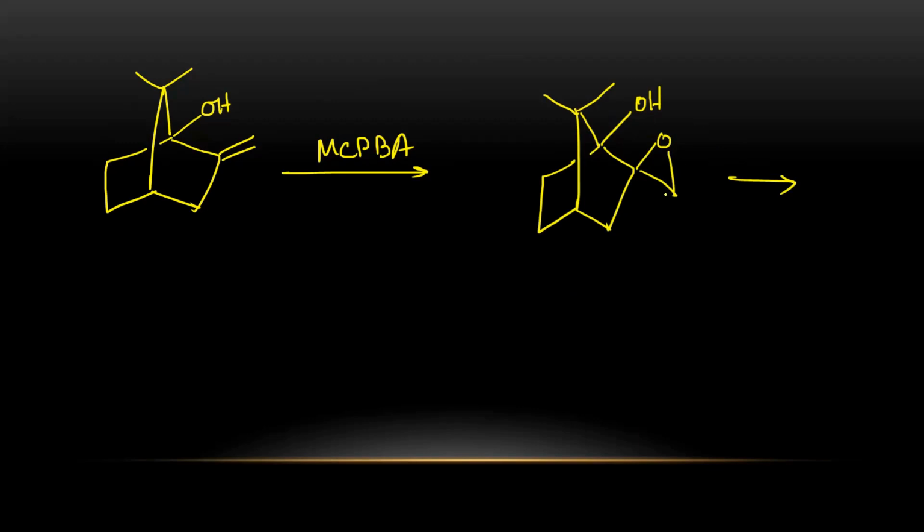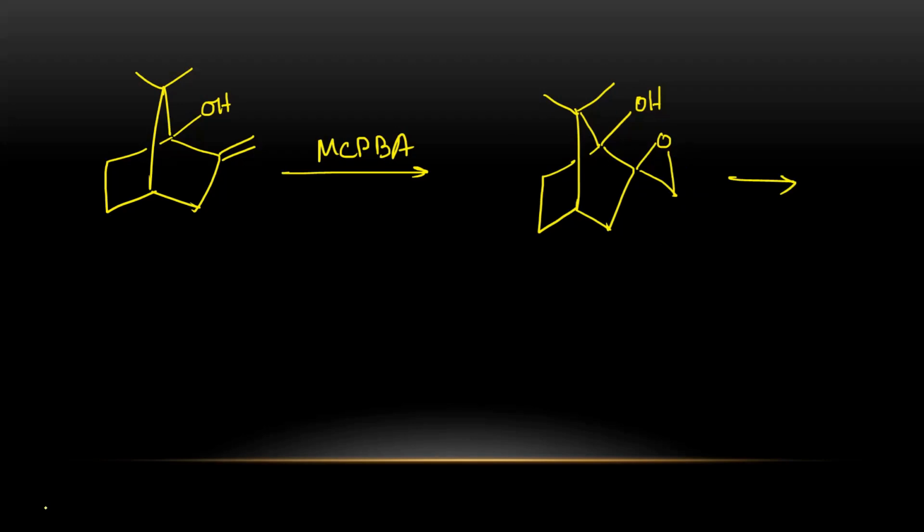It is the exo-oxygen, not the endo-oxygen epoxide. Because of two hydrogen repulsion: if it is endo-oxygen, then these two hydrogens will be repelled by this methyl group. Okay. Now this is the first stage, the epoxidation.